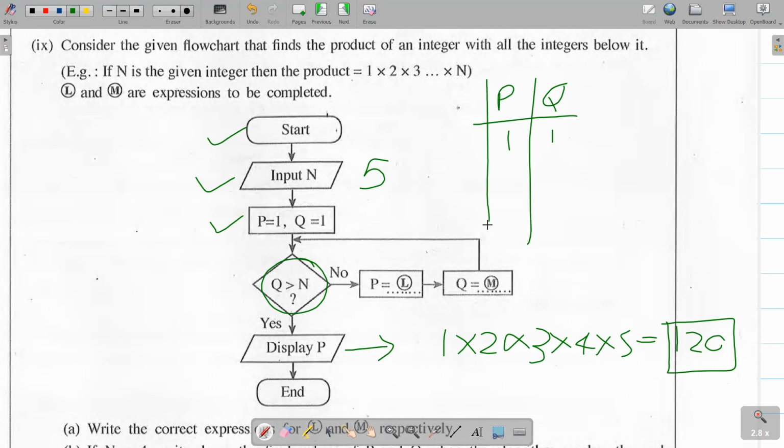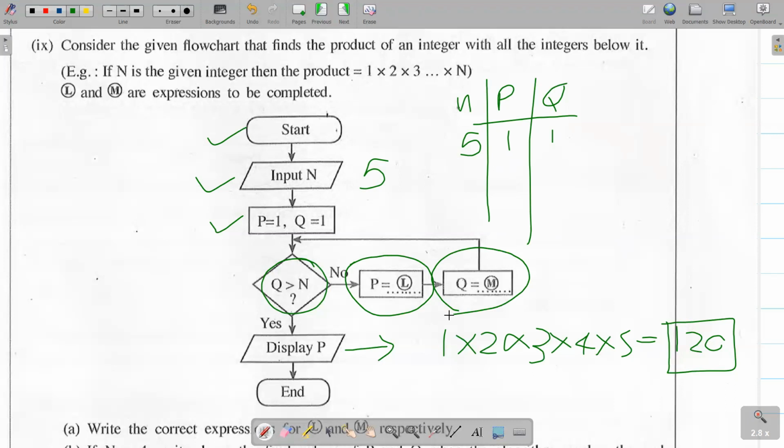N is 5. Q is not larger than N. So that means if it is not larger than N, there are two things to be done. Definitely something should happen with P and something should happen with Q, the steps.